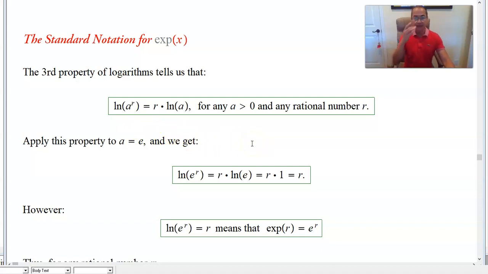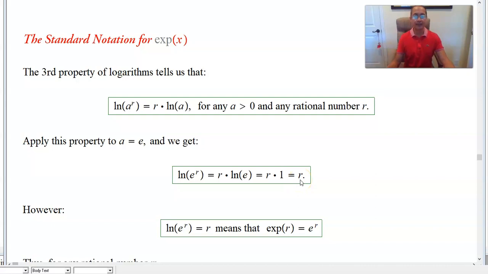But e, the special number e, is also a positive number, so we can apply this equation to a equals e. So we get ln of e to the r is r times ln of e. But wait a minute, ln of e is exactly 1. So we get r times 1, which is of course r.